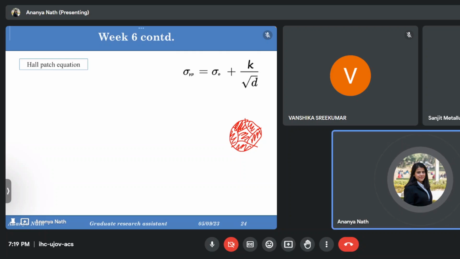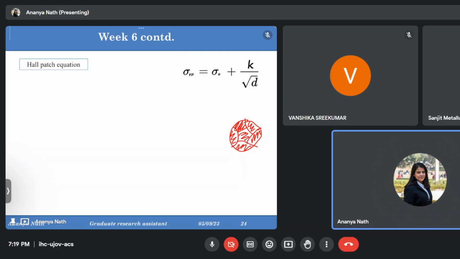I have got one website in which the alloy designations are present. I'll attach the link of that website in this slide, which will be shared with you later on.